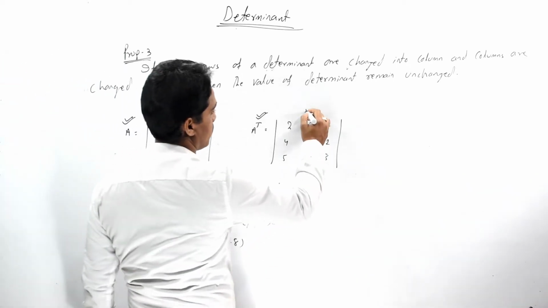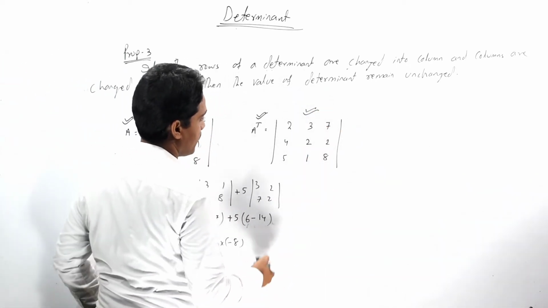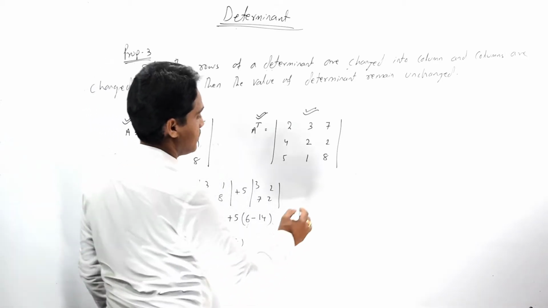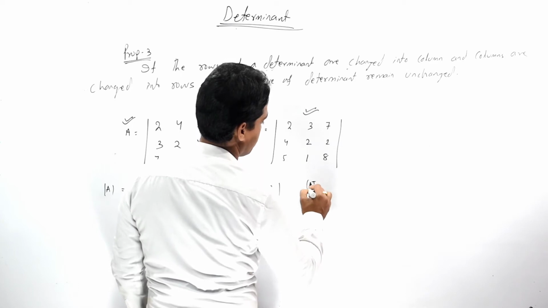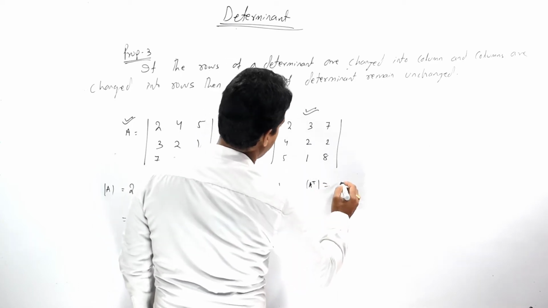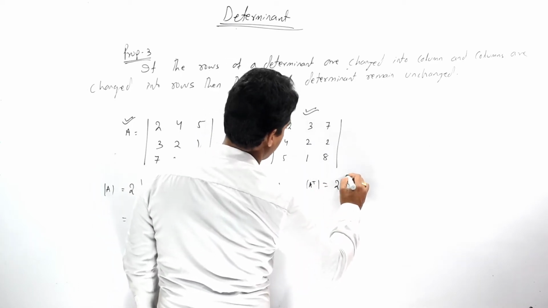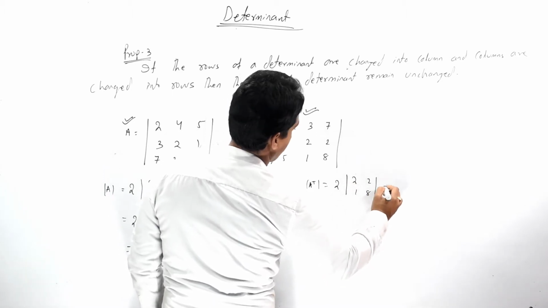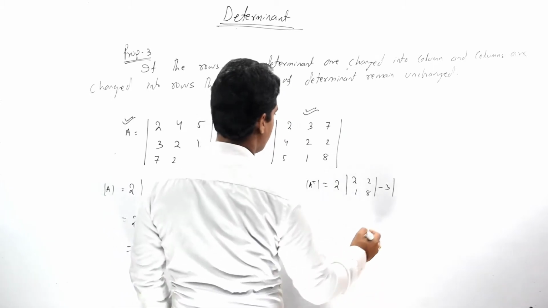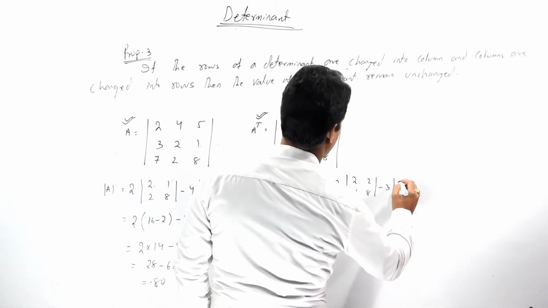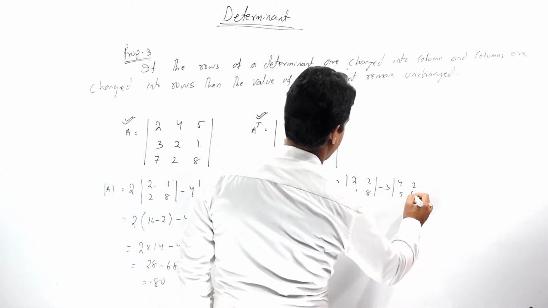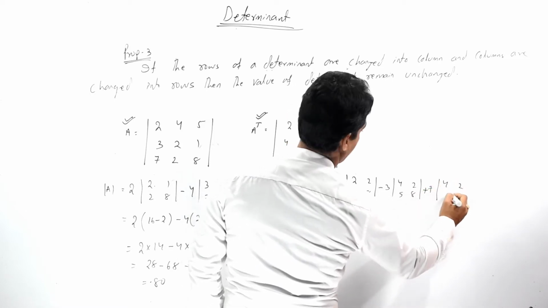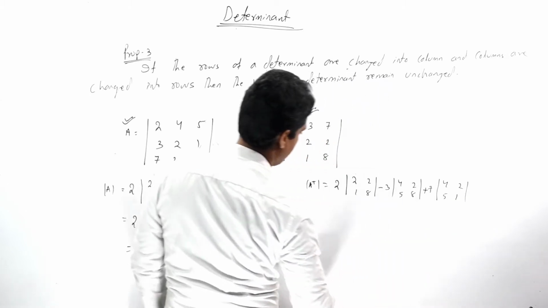Then find the determinant value of the transposed determinant, that is determinant of A transpose, that is 2 into 2, 2, 1, 8 minus 3 into 4, 2, 5, 8 plus 7 into 4, 2, 5, 1.